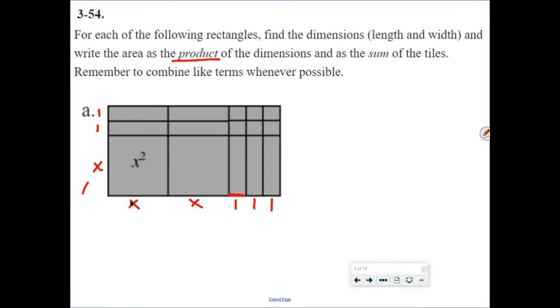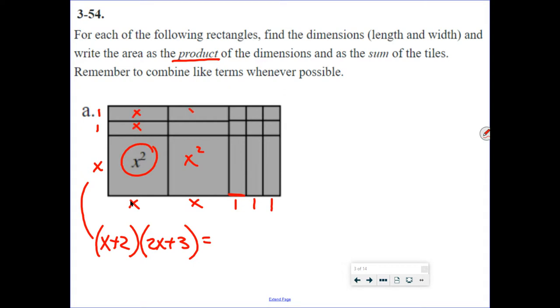Well, on the left-hand side here, I've got x plus 2 times the quantity, and on the bottom, I've got 2x plus 3. So the quantity of x plus 2 times the quantity of 2x plus 3. And that is equal to the area as a sum. So at this point, I add up all these individual parts.